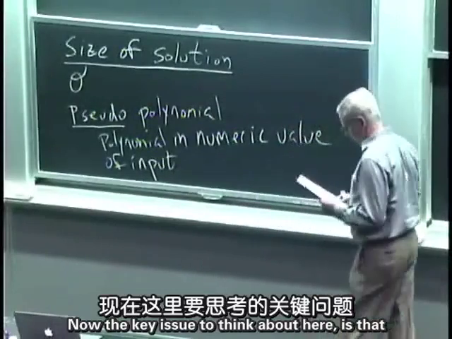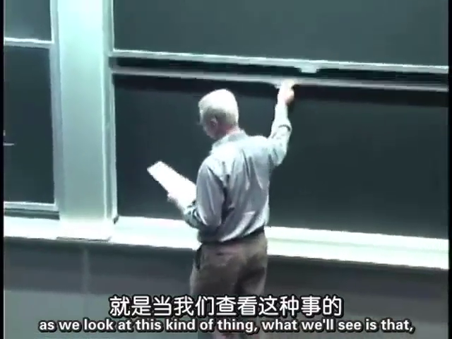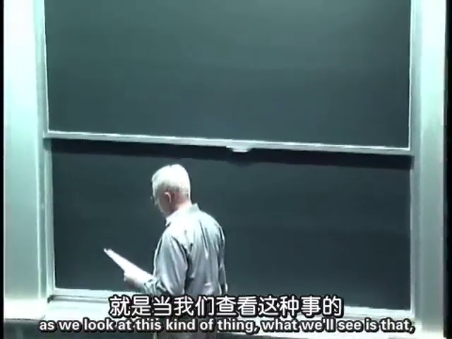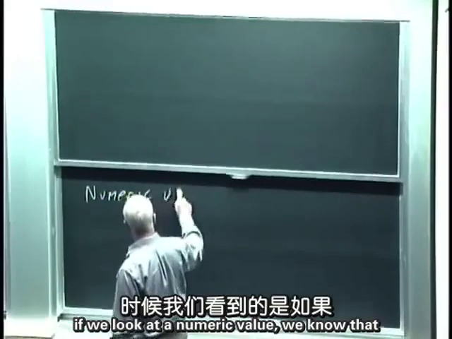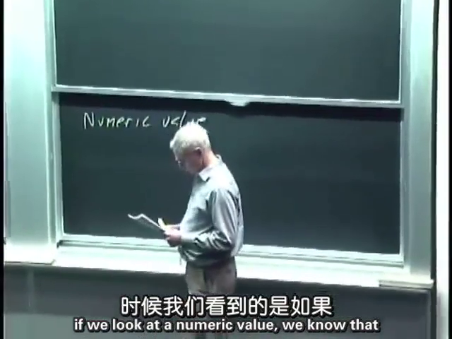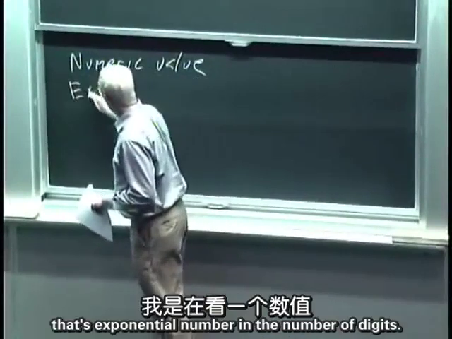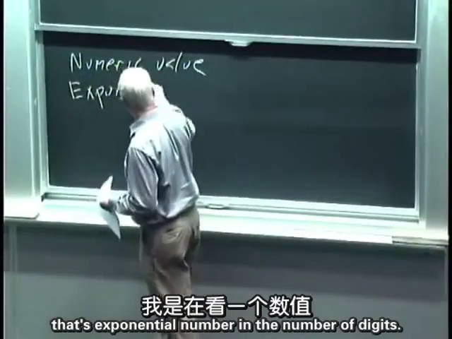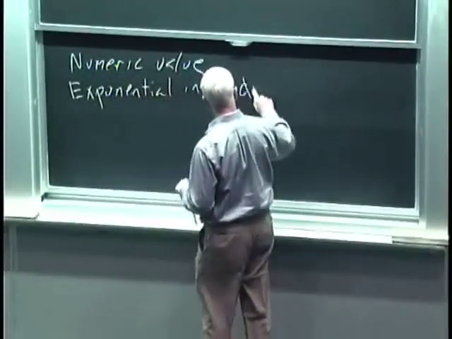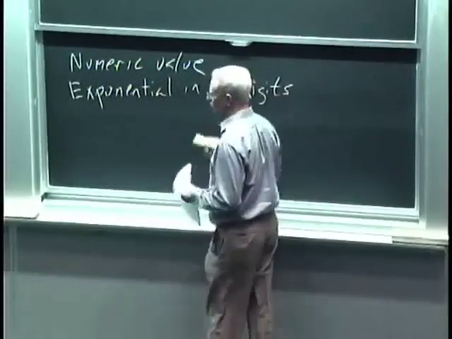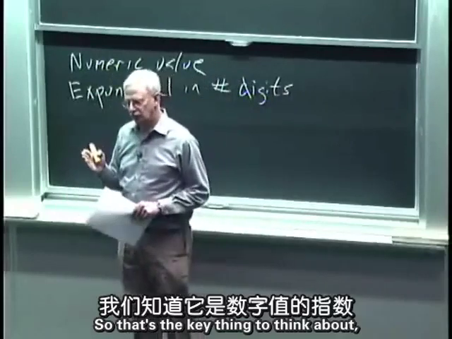Now, the key issue to think about here is that as we look at this kind of thing, if we look at a numeric value, we know that that's exponential in the number of digits. So that's the key thing to think about, right?